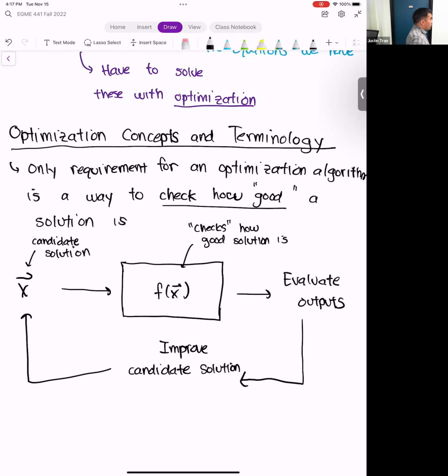And then from there, you go right back to it. After you improve the solution, you run it through the checker, see how good it is, evaluate it, improve it, and check it again. So it's very much a cyclical, iterative guess and check.